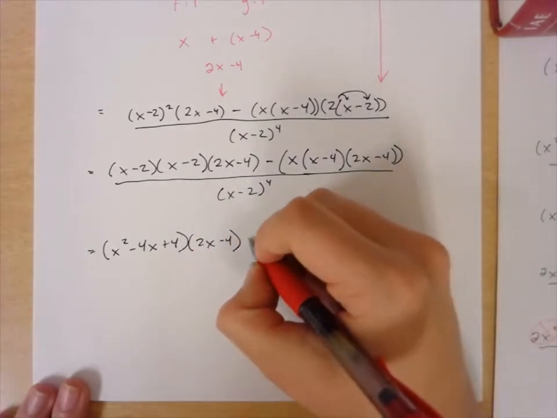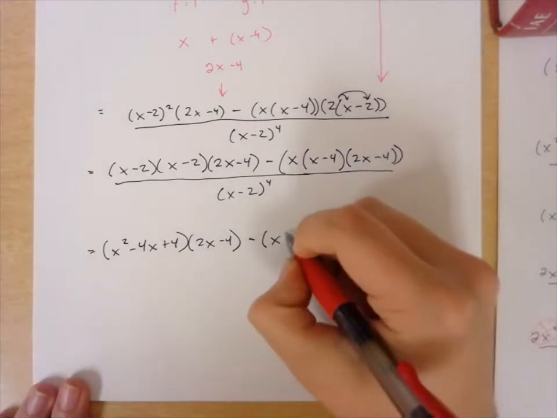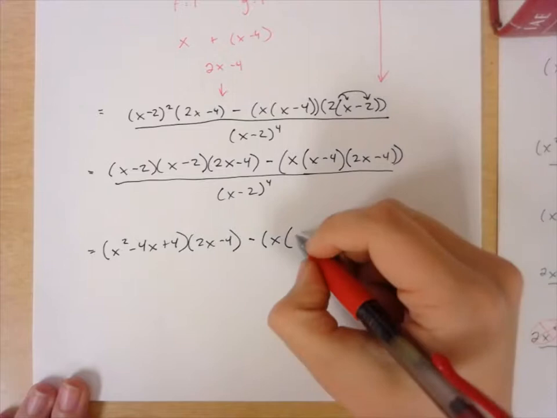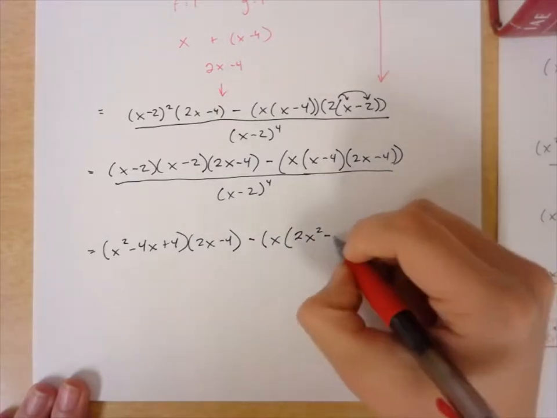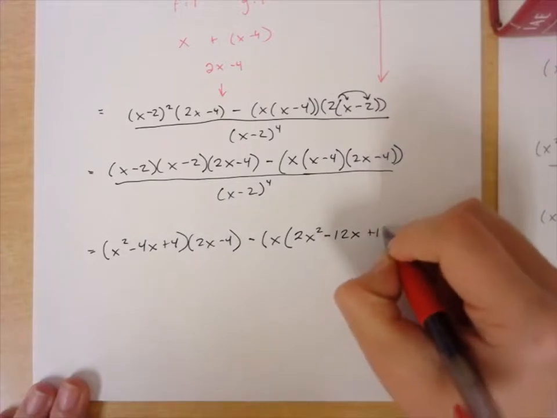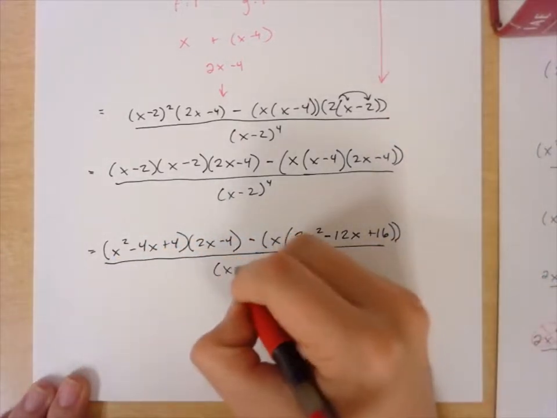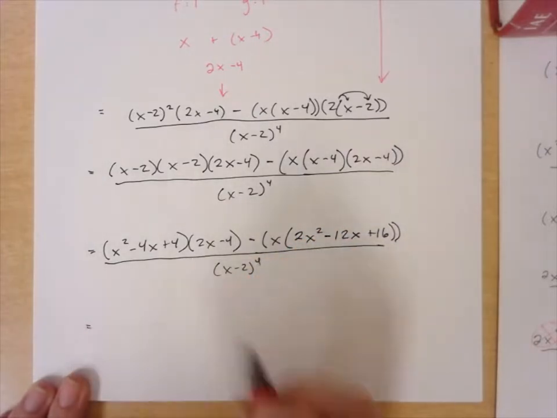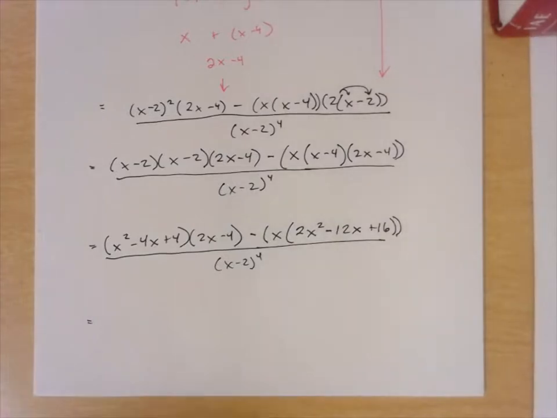And then we say minus an x times, this FOILed out is going to be 2x squared minus 12x plus 16. And I put that all over my x minus 2 to the 4th. Alrighty. And I take all of this and I FOIL one last time.